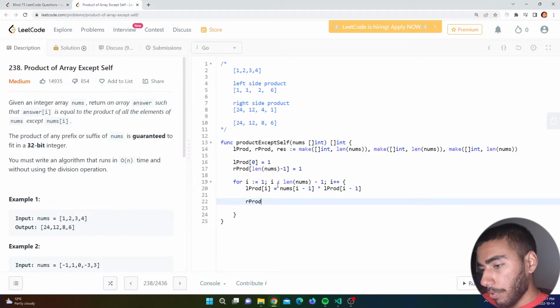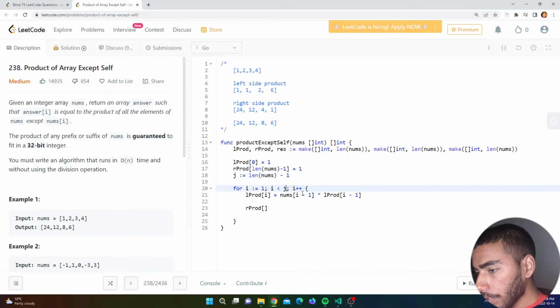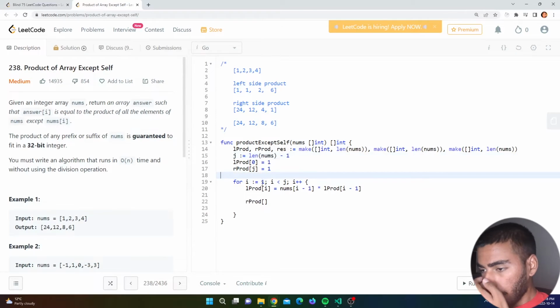And then for the right product, let me write this down over here. J is equal to length of nums minus 1. Is that what we want? Yeah, that's what we want. So in this case, I can just take this, and just replace this over here and this over here. Cool.